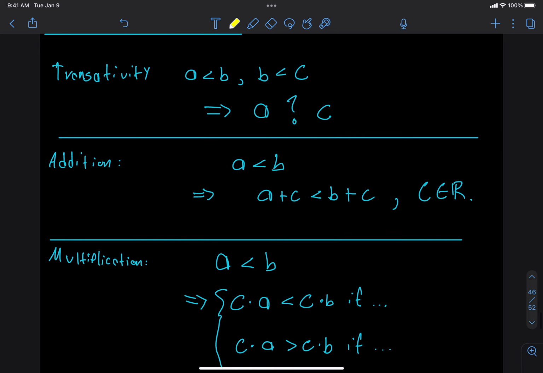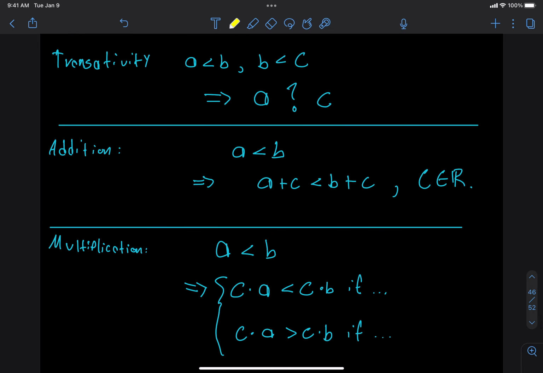Okay, so a couple basic properties of inequalities that we're going to talk about first. I guess these are probably pretty basic. So let's talk about transitivity first.